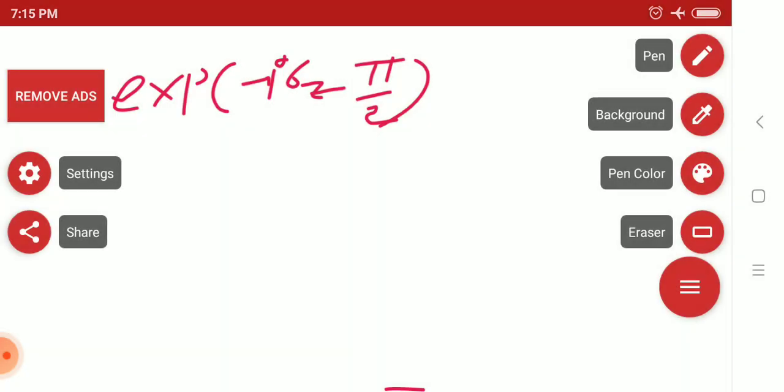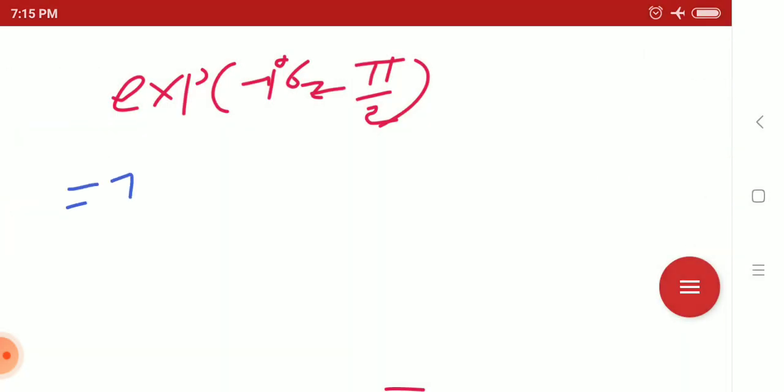After doing the same calculation, we will get I cos(π/2). Cos(π/2) is what? 0. Cos(π/2) being 0 means the identity matrix term will get nullified, so the identity matrix term will be 0.